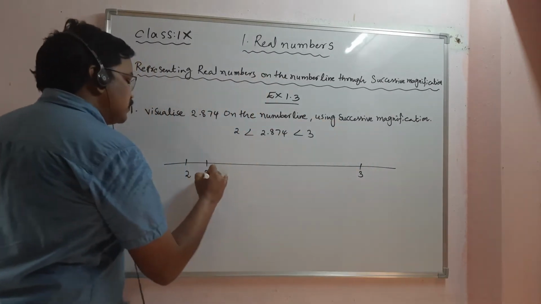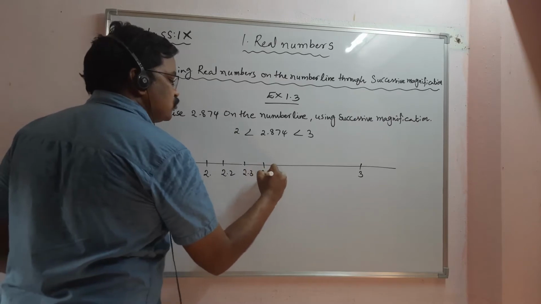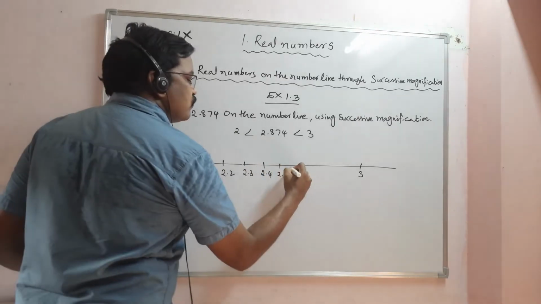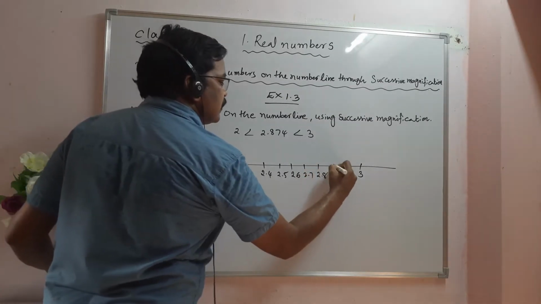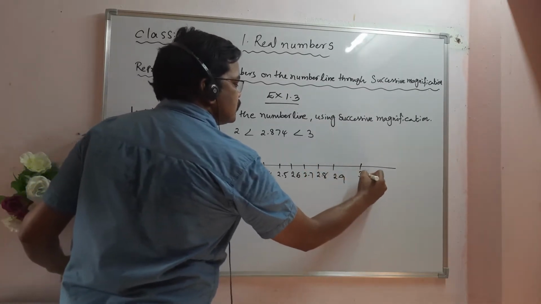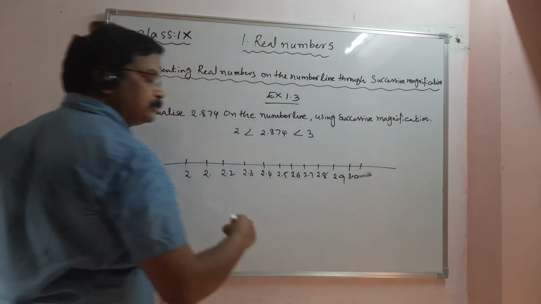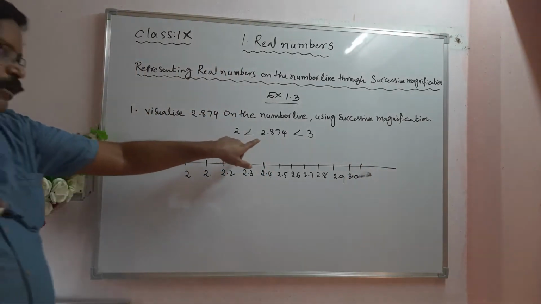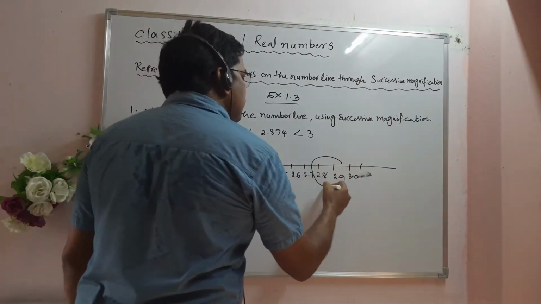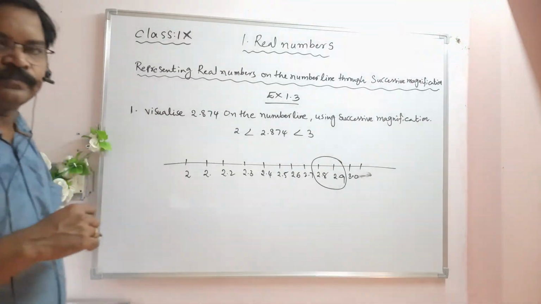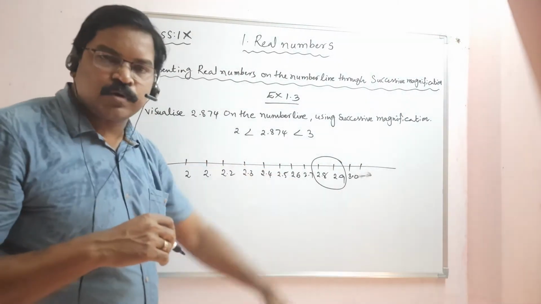After 2 come 2.1, 2.2, 2.3, 2.4, 2.5, 2.6, 2.7, 2.8, 2.9, and this is 3.0. So this is 2.874. That means it is between 2.8 and 2.9.